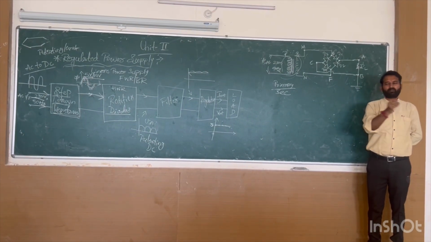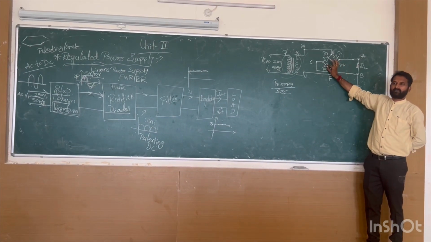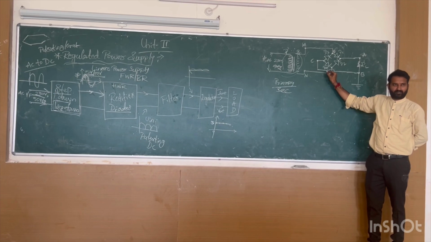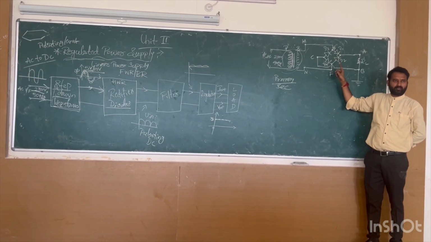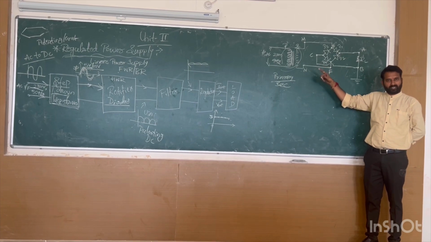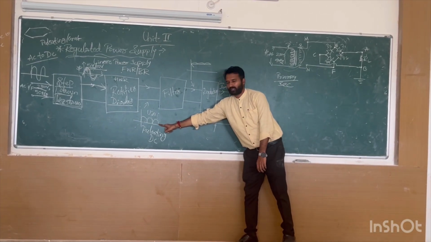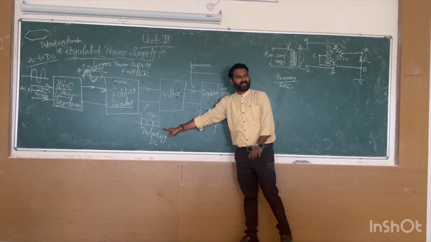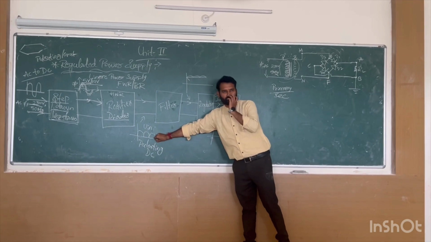What is preferable to use? A full wave rectifier or a bridge rectifier. Now I am using a bridge rectifier which contains 4 diodes, D1, D2, D3, D4. Now let me explain how we are getting this output at the rectifier. Understandable? How are we getting this output?